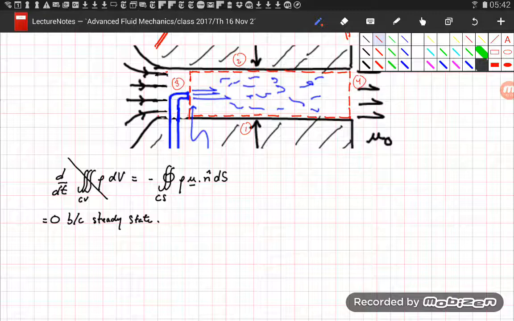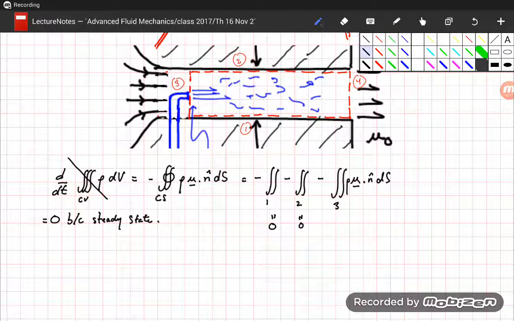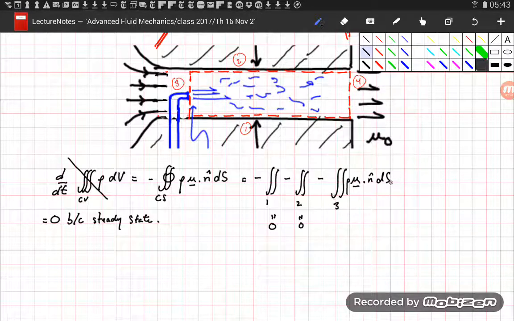So through 2 and 4 we have nothing. Through the inlet we have to look at the sign of u. Our velocity vector has component u, and the component in the y direction is 0, though it doesn't really matter.